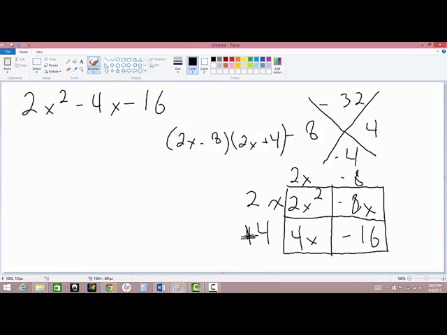right off the bat, you should notice that my first two terms will give me 2x times 2x, which is 4x squared. Not what we need here. We need to get 2x squared from the original. In fact, if we were to do this one, it would give us 4x squared, and then the end would give us the negative 32.